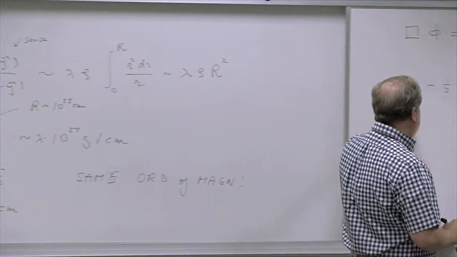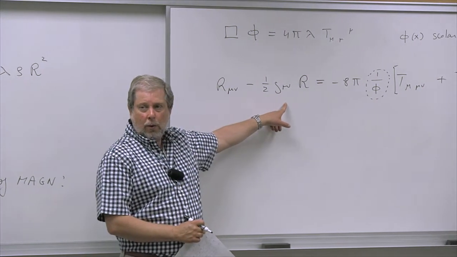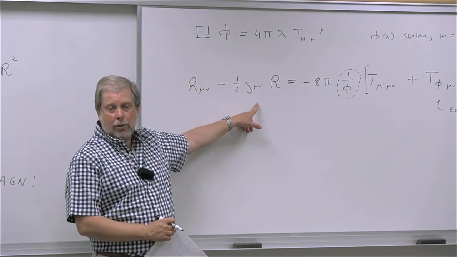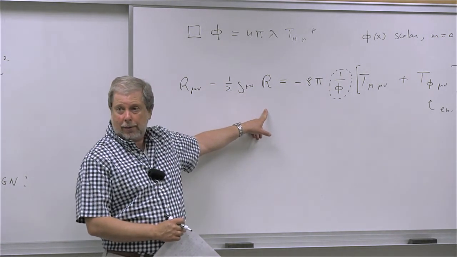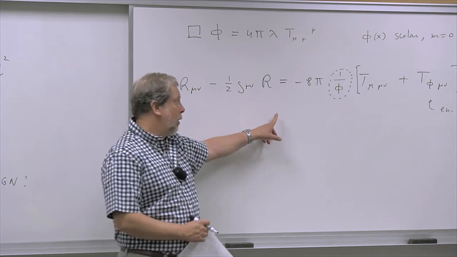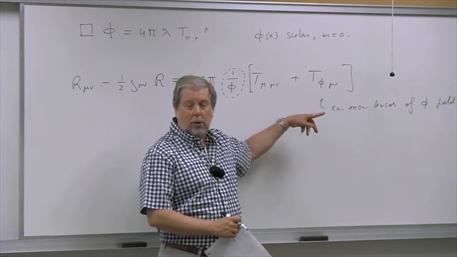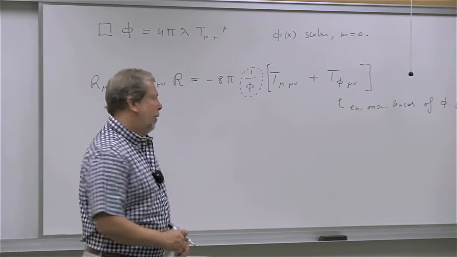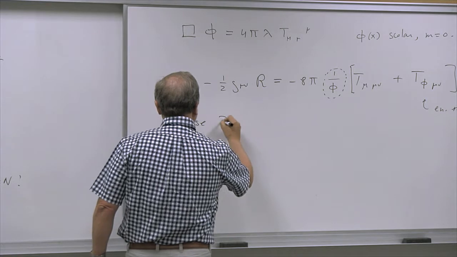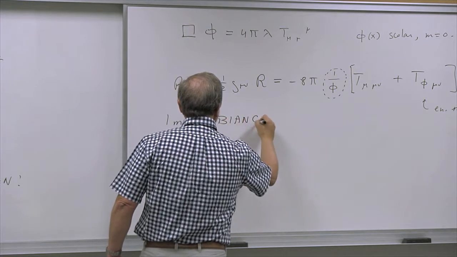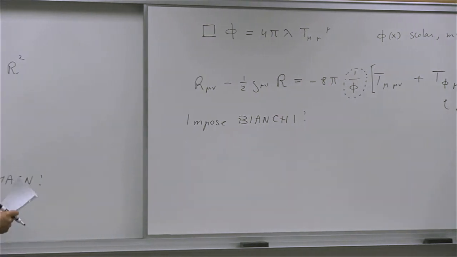Because we do know that when we take this part here and take the semicolon of that, which is the covariant divergence, we know that because of the Bianchi identity, this is identically 0, right? And so that means that also the semicolon or the covariant divergence of this part also has to be 0, right? So impose the Bianchi identity, right?